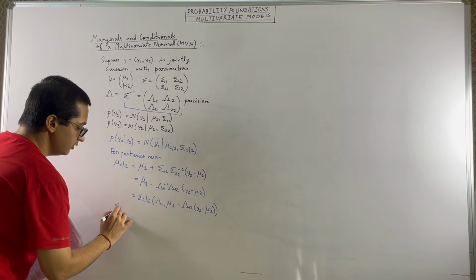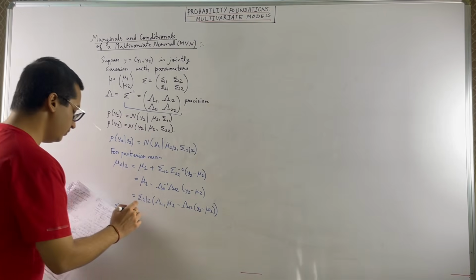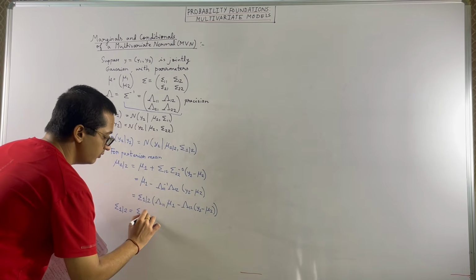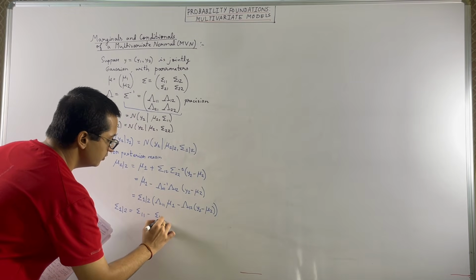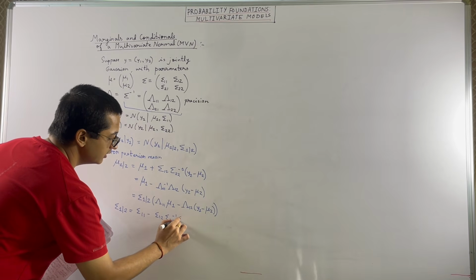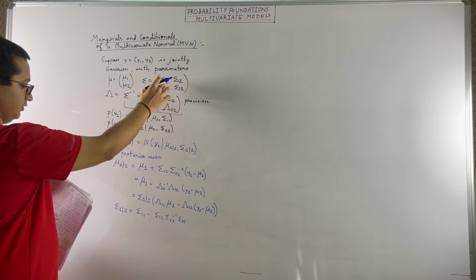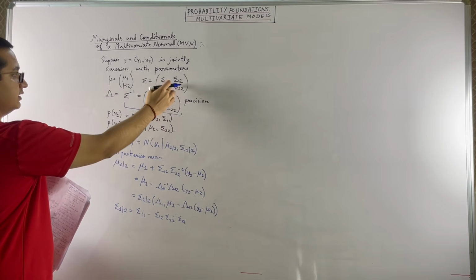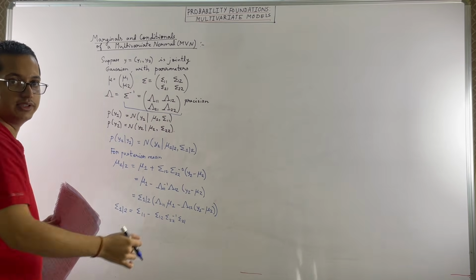Because we will also show that sigma 1 given 2 is sigma 1 1 minus sigma 1 2 sigma 2 2 inverse times sigma 2 1. So it's just sigma 1 1 minus the product that we do, but this is taken inverse.